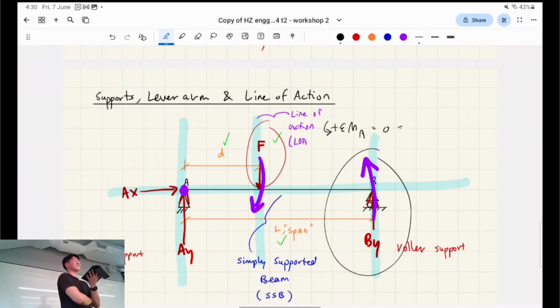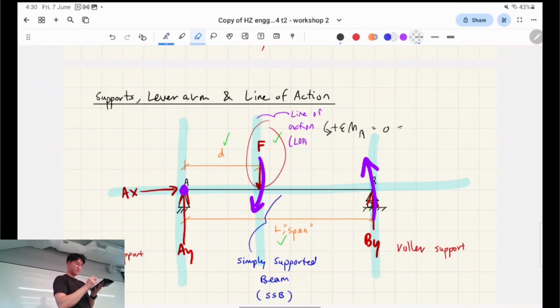Have a think about that for a second, about point A. So it's going counterclockwise relative to A, right? That's going to be a positive moment. Got it? So I'm just going to leave that without a negative at the front. And what I've done is I've just written the force multiplied by that perpendicular distance.